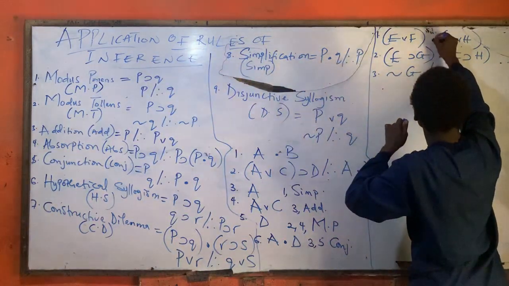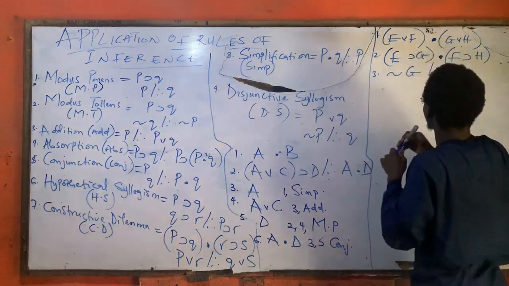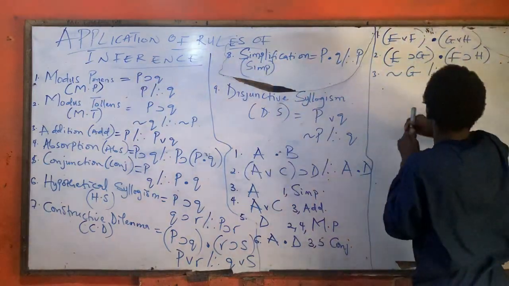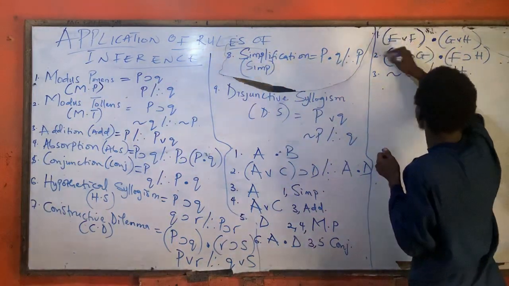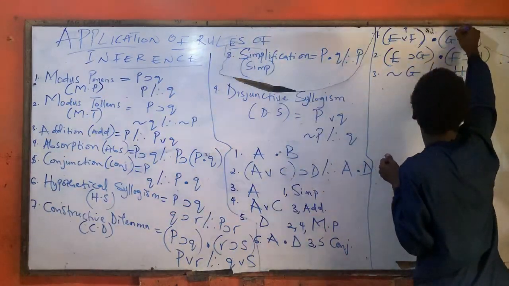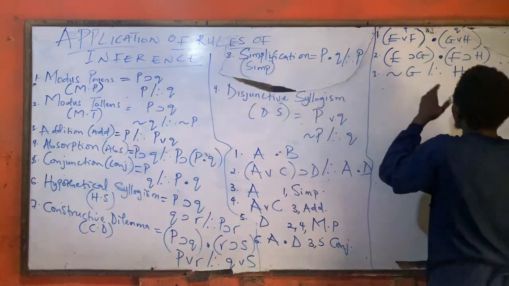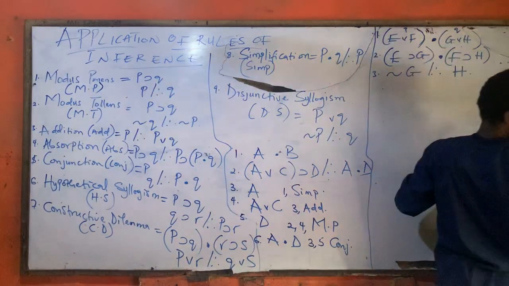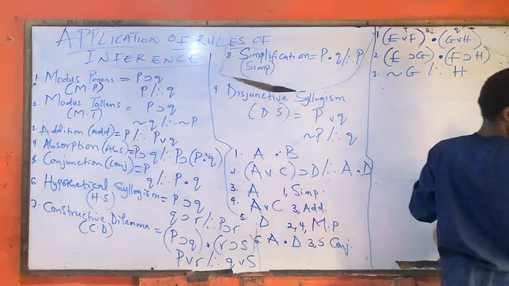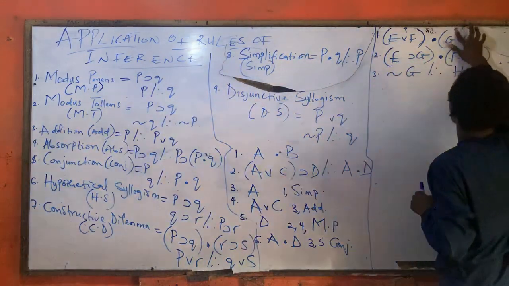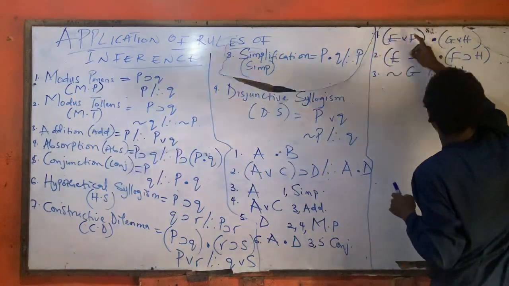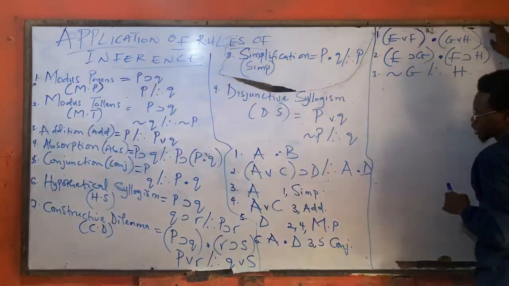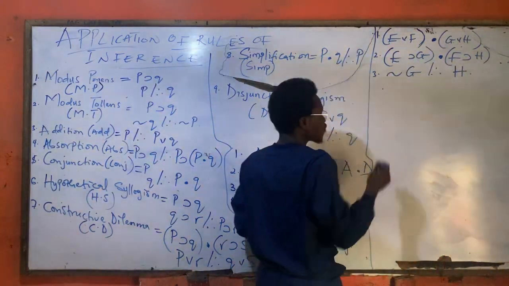This is the major connective, and these are minor connectives. So everything here is equivalent to P, and everything here is equivalent to Q. So that you don't get it twisted by saying, how can I have E or F and G or H? Here, we just have to understand that everything in this bracket is conjunct with everything in this bracket.